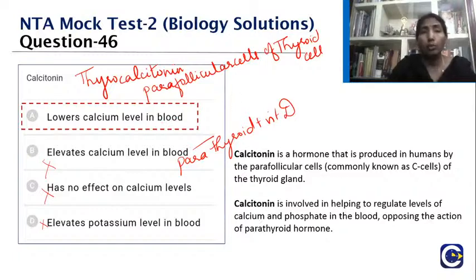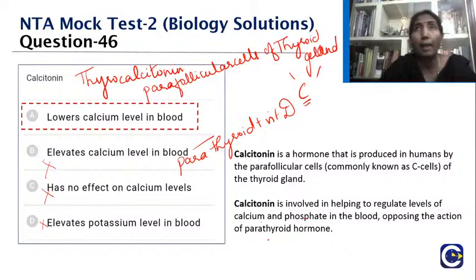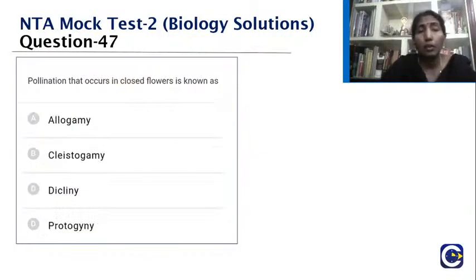Already I told you it is secreted by the parafollicular cells of the thyroid gland. The cells are called C cells, and calcitonin is going to regulate the calcium and phosphate levels, not the potassium levels. So it is exactly opposite to the action of the parathyroid hormone. So this is the answer. Yes, excellent Tasnim, you have given the right answer. Excellent. We'll go to the next question.